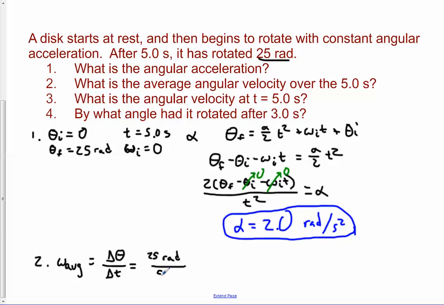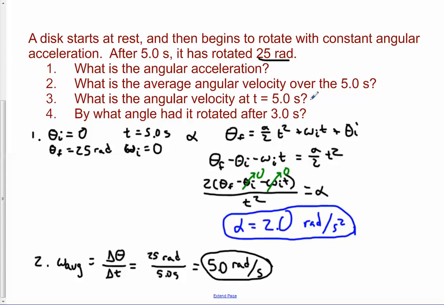And it does that in 5 seconds. So 25 divided by 5 is 5 radians per second. That's its average speed. Of course, that's not its speed the whole time because it's accelerating. It starts at 0 radians per second. Okay. So 5 radians per second is the average.